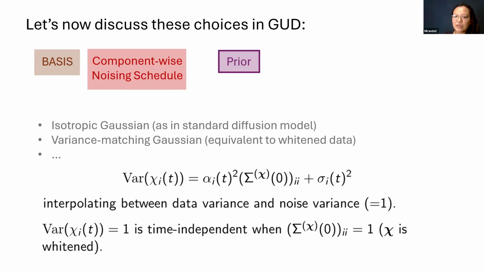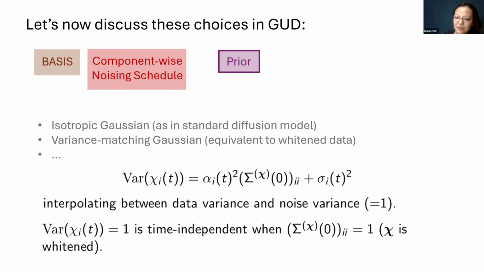Okay, so in the original basis, if you like that point of view, that amounts to choosing a prior that matches the variance of the data. So you could still have a Gaussian distribution, just with the variance completely matching that of the data.